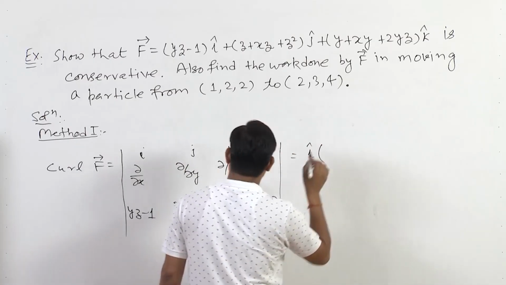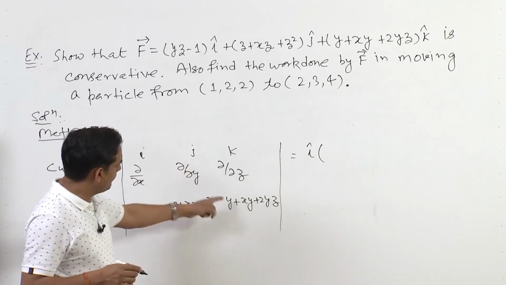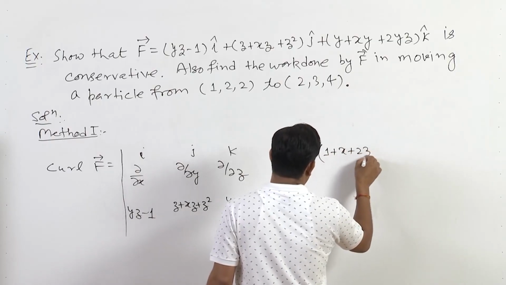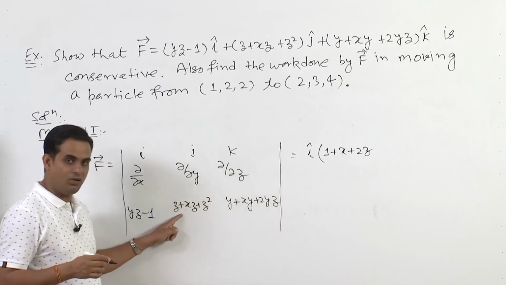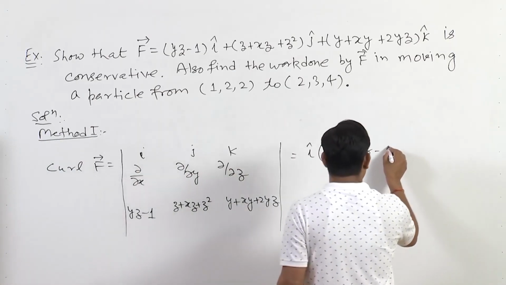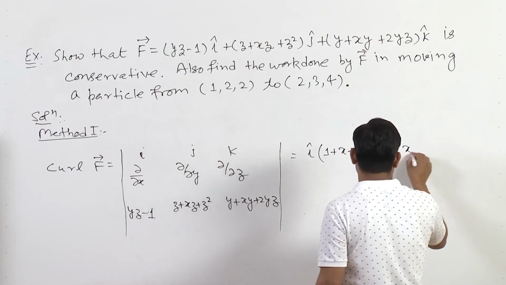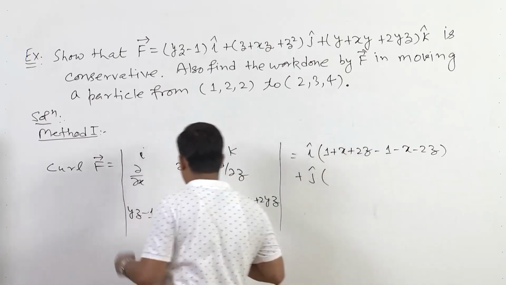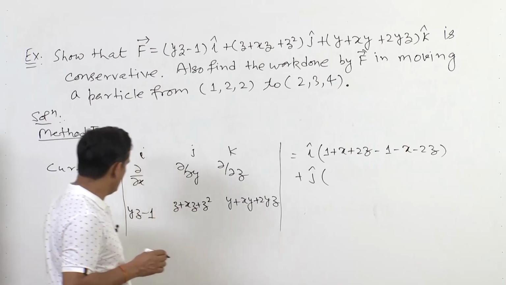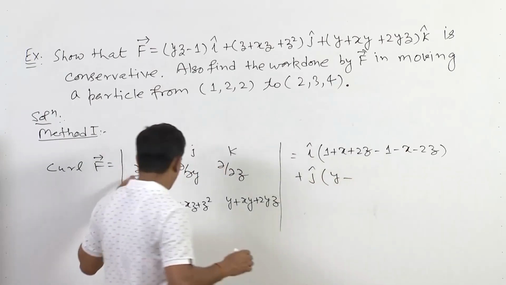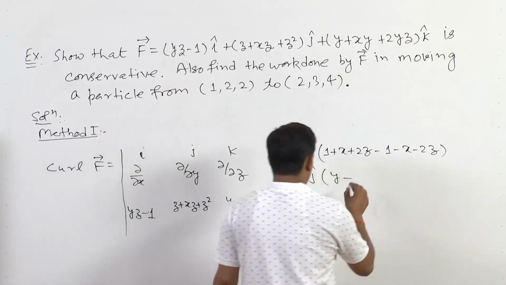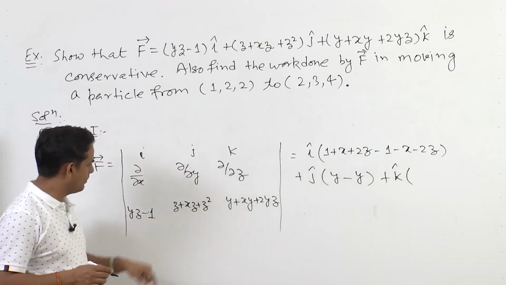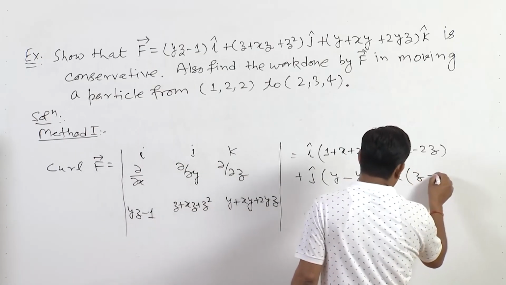So, this equals i times del by del y of this function, so 1 plus x plus 2z, minus del by del z of this function, so minus 1 minus x minus 2z, plus the j component: del by del z of this function, so y, minus del by del x of this function, so y, minus y, plus the k component: del by del x of this, so it will be z minus z.